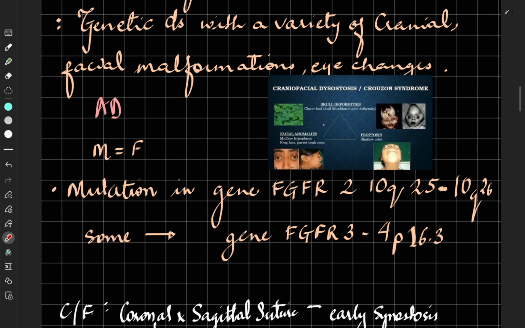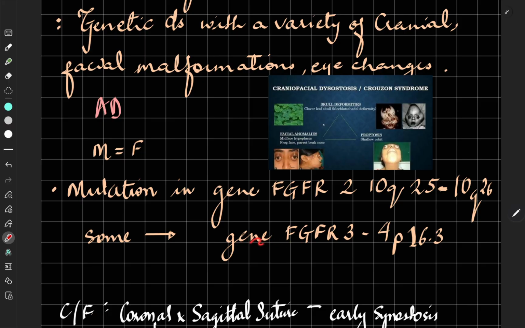Mutation in the gene, as I told you, there is gene mutation in FGFR2, which is fibroblast growth factor receptor 2, at 10q25 to 10q26, that is, 10q region 2 band 5 to 10q region 2 band 6.